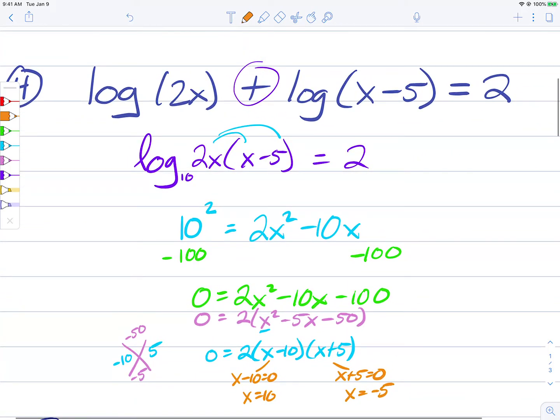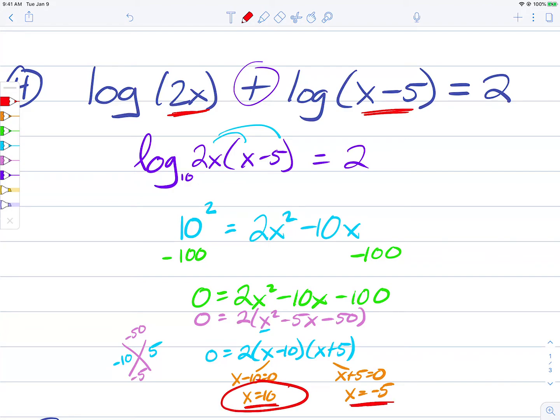Now, there's one issue with this. If you plug in a number and it results in trying to take the log of a negative number, then that is not a possible answer. So if I were to plug in a 10 into my original problem, 2 times 10 is a positive number, and 10 minus 5 is also a positive number. So that's an acceptable answer.